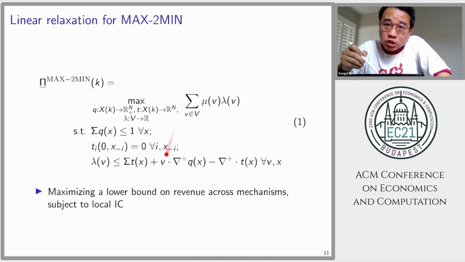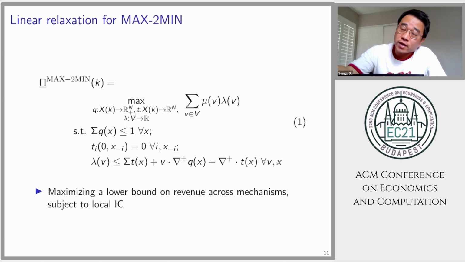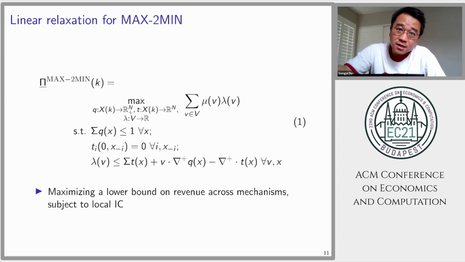But let me note that this is a linear programming problem, a tractable linear relaxation program. In our original problem, it is actually a nonlinear problem, and that is also one reason to relax it. So essentially, this is maximizing over mechanisms a lower bound on the revenue across these mechanisms, subject to some local IC condition. Let me explain.